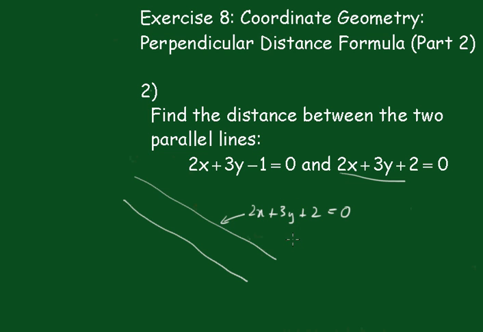When y equals 0, we find that 2x plus 2 equals 0, so x equals -1. So we have a point on this line which is (-1, 0). Now, to find the distance, we mean the perpendicular distance, therefore I just work out the perpendicular distance from this point to this line, the parallel.